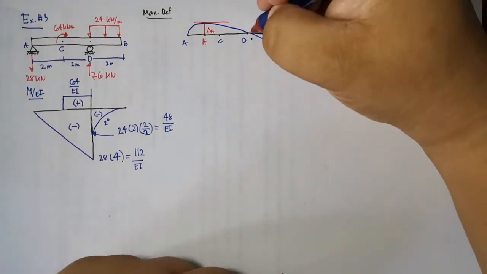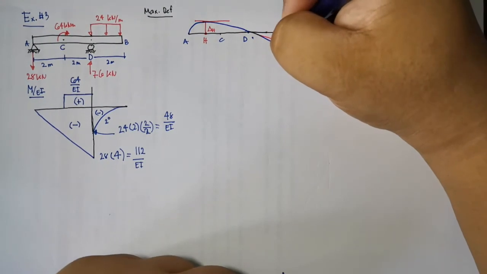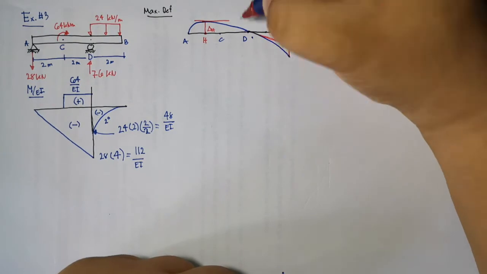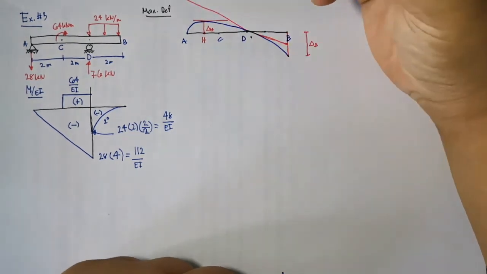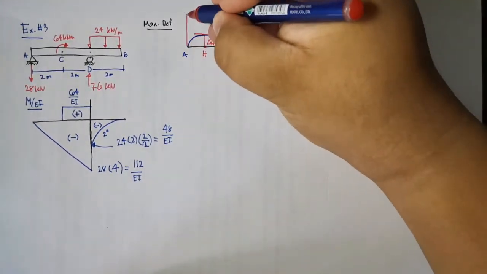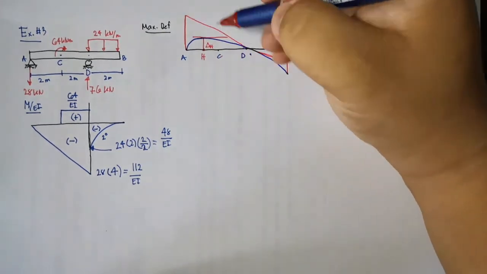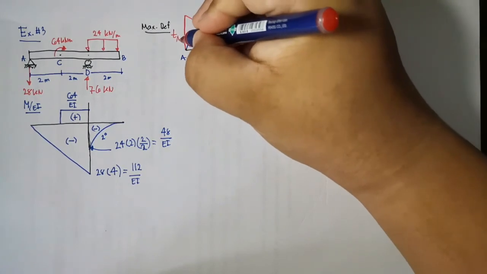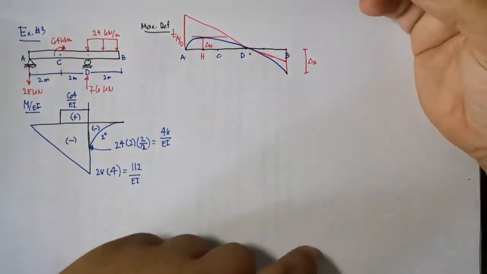Hopefully you saw that we take the tangent line at the nearest support, which is D, and extend it to the other side. This distance is the final position of A to the tangent line at B, which can be determined as TA with respect to D.